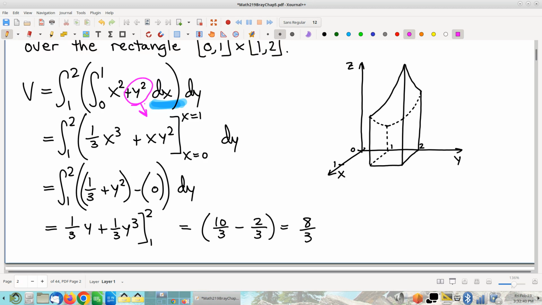And very importantly, and this is an idea we mentioned just a few minutes ago, the outside variable is to be treated as a constant for the purposes of the inside integral. So y is a constant. That means y squared is a constant. And when you take an antiderivative of a constant, you get constant times variable. So the antiderivative of y squared is just x times y squared.